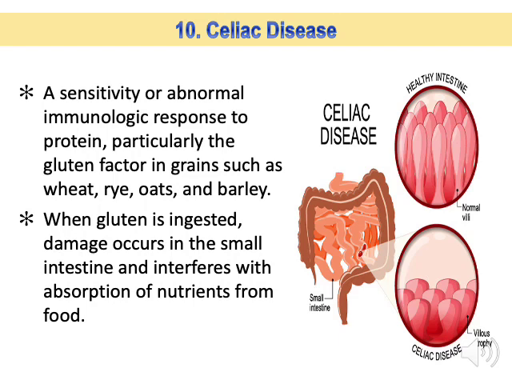Celiac disease is a sensitivity or abnormal immunologic response to protein, particularly the gluten factor in grains such as wheat, rye, oats, and barley. When a child ingests gluten, damage occurs in the small intestines.